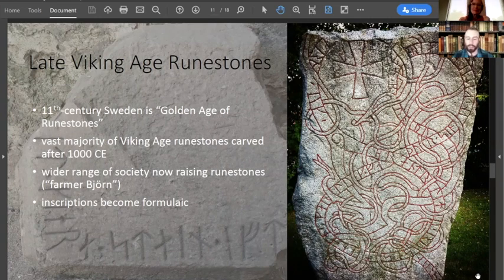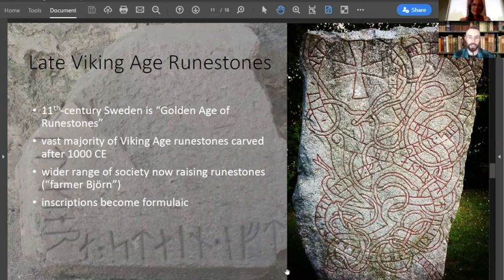We also see a wider range of society now raising runestones, not just the upper classes. So we see well-to-do farmers and even some freedmen, so freed slaves who are climbing the social ladder and want to show off their new status.